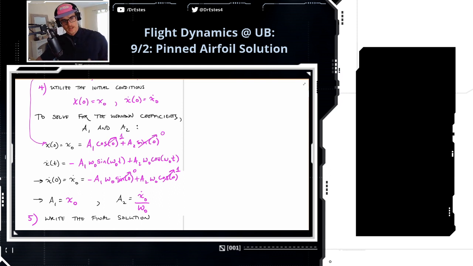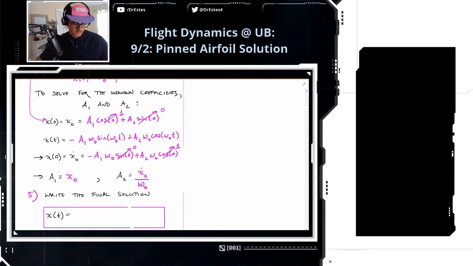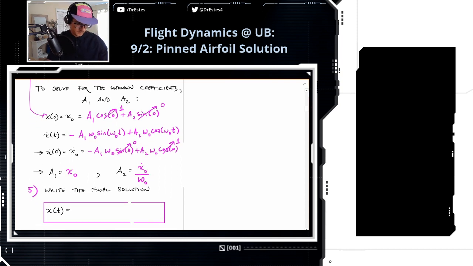Okay, so we have a1 and a2, and now we can write our final solution. a1, which is x naught, times cosine omega naught t plus a2, so x naught dot over omega naught times sine omega naught t.